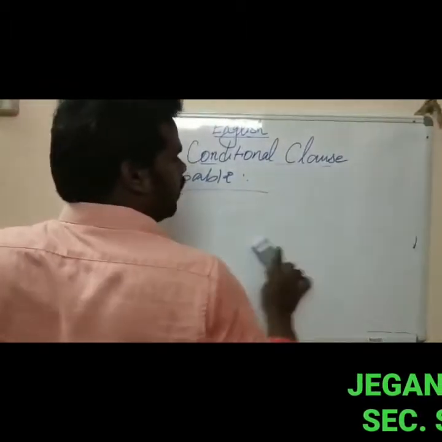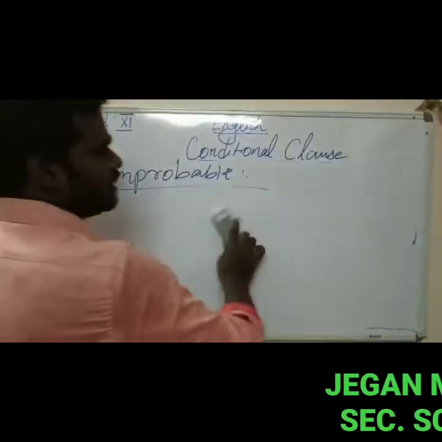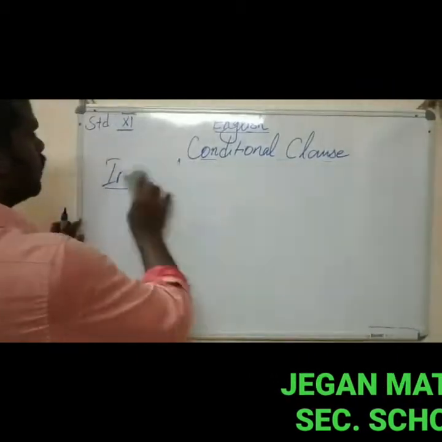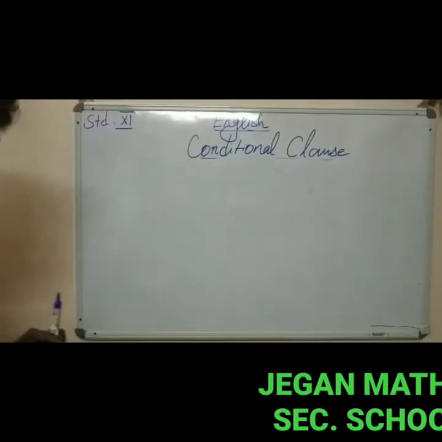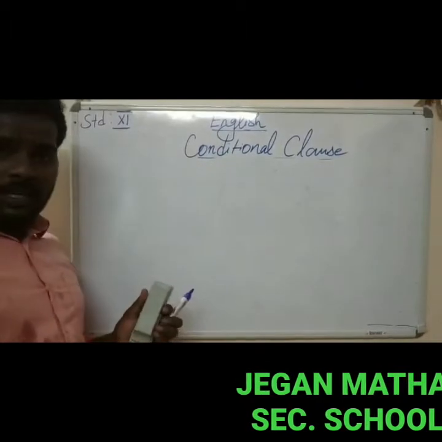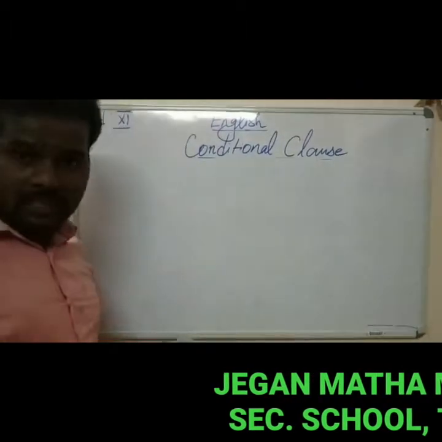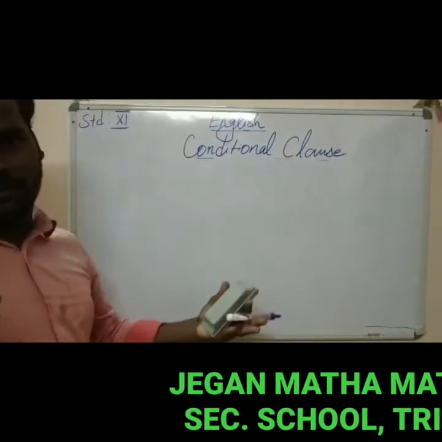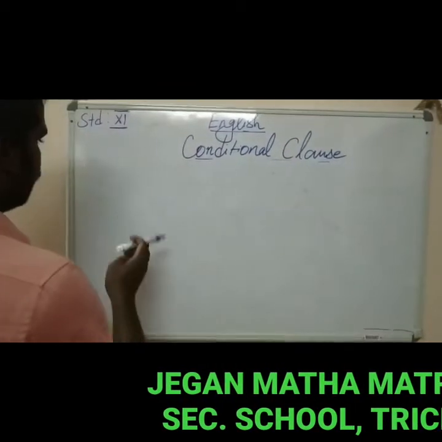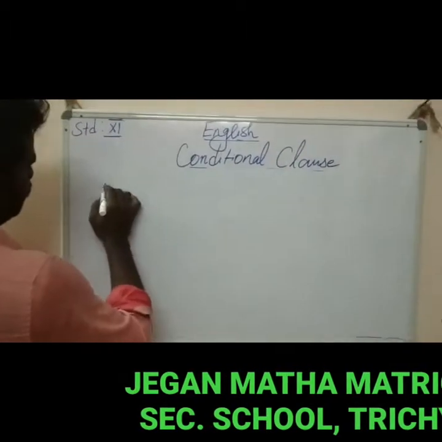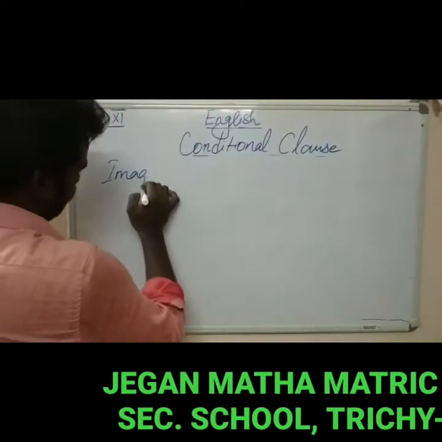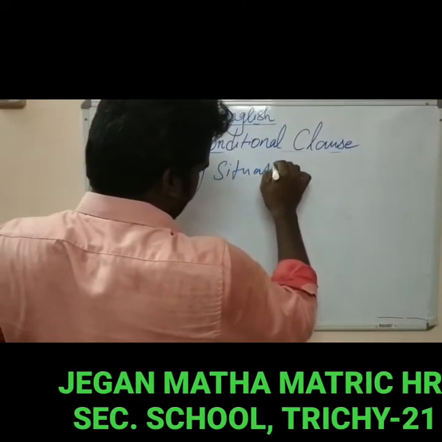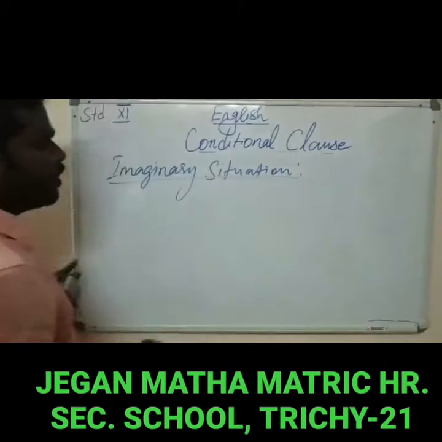The second type also covers imaginary situations. If I were a butterfly, I would fly. If I were a headmaster, I would abolish the exam, that is, I would cancel the exam. This is an imaginary situation.